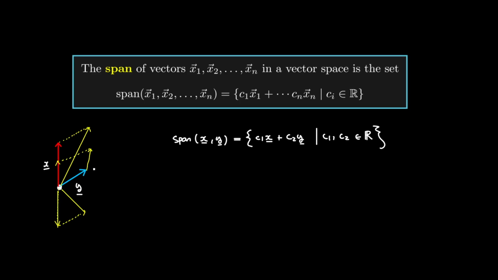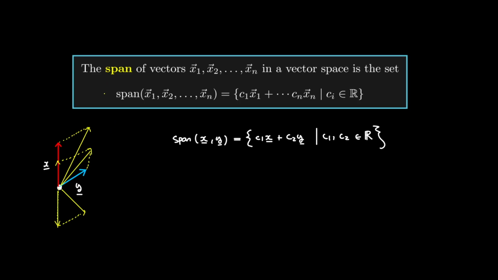I could have taken half x and added it to y, and I would have gotten this vector here, just by this parallelogram.